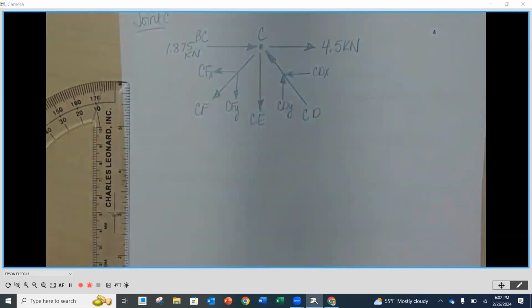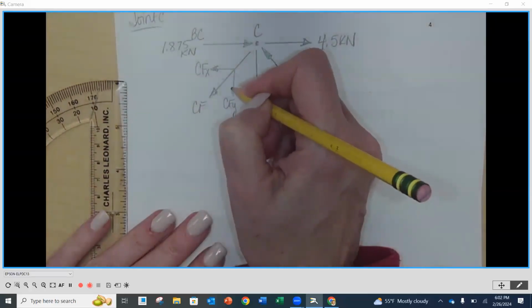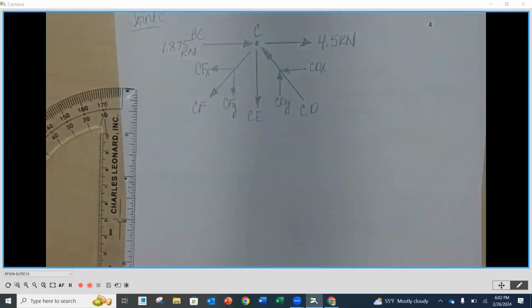And then as we work our numbers, we're going to find out if we were correct or not. Okay. So again, some of them are obvious, some of them aren't. I don't feel this one's super obvious. So we'll see. So now what we get to do is we need to sum our forces in the X and Y and see how far we can get.